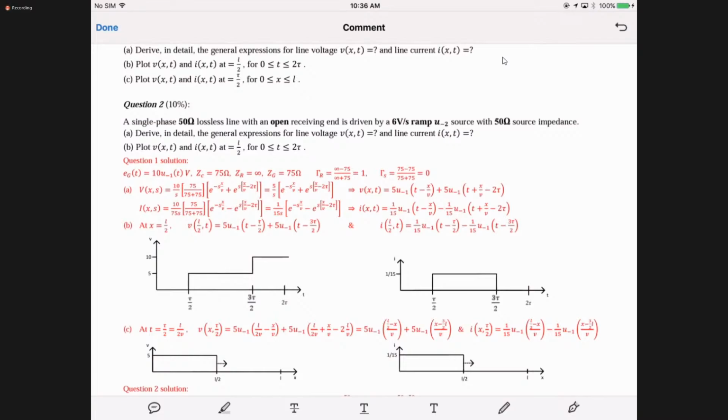So, any question? So you will see the step. The step magnitude is 5.